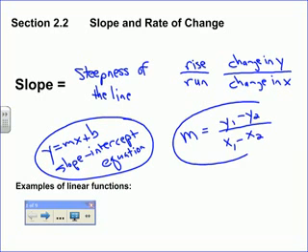Now, another thing that I wanted to emphasize was slope. When we talk about a linear function, another way you can think of slope is as something changing. Like, for example, if I told you that the temperature outside, maybe it's coldest this morning.